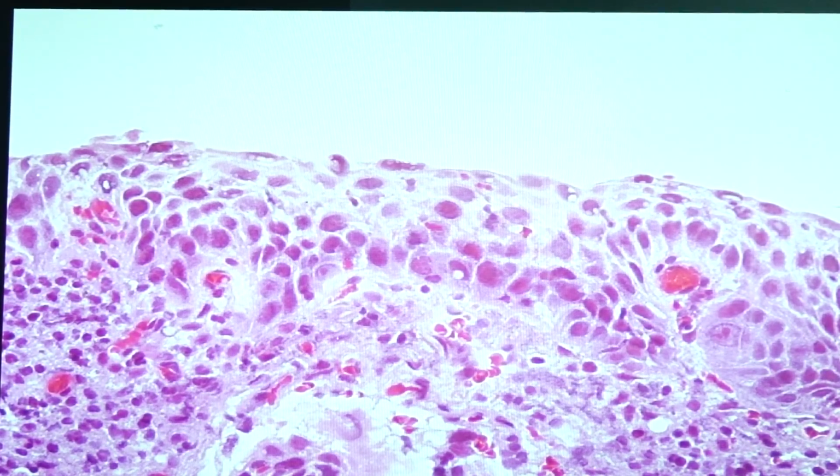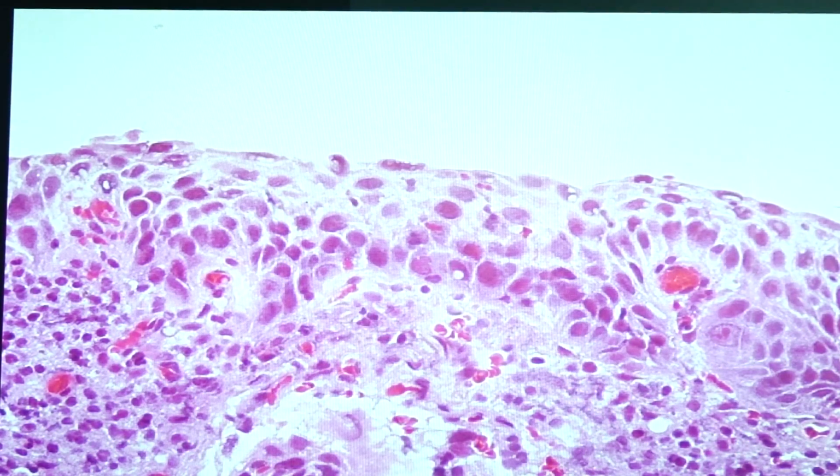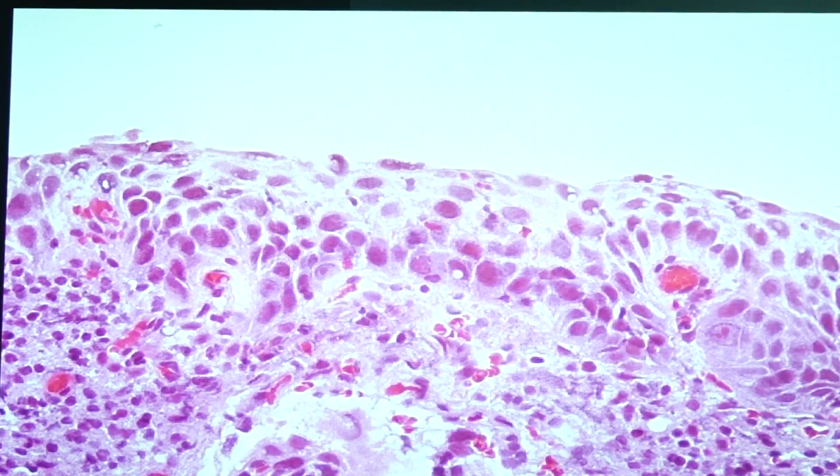Next, we have the classification of cervical intraepithelial neoplasia, or the CIN. So how do we fit it with the dysplasia? CIN1 would be similar to the mild dysplasia, wherein we see atypical cells in the lower one-third. The CIN2 would be similar to moderate dysplasia, wherein we would see atypical cells occupying up to the lower two-thirds.